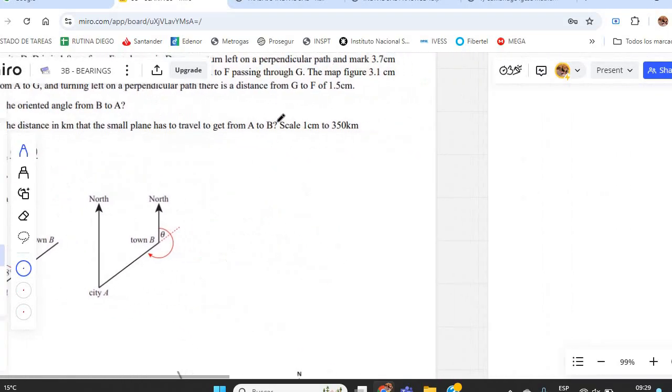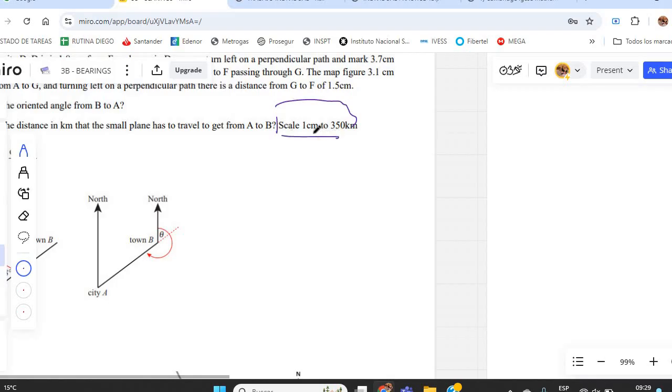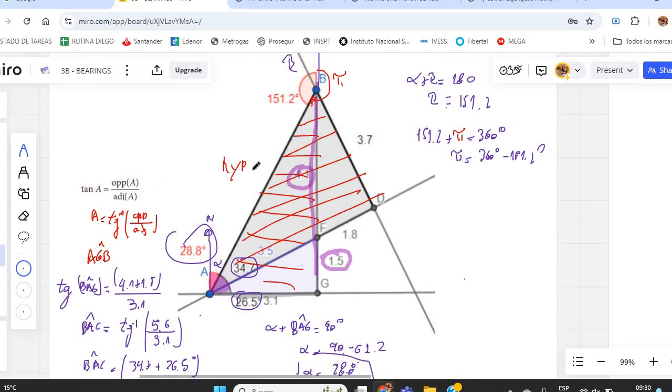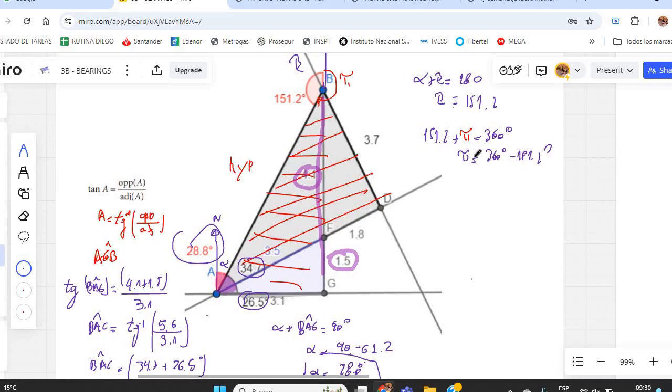The distance. Here you have the scale, 1 to 350. What is the value of the hypotenuse here? You have the hypotenuse by Pythagoras.